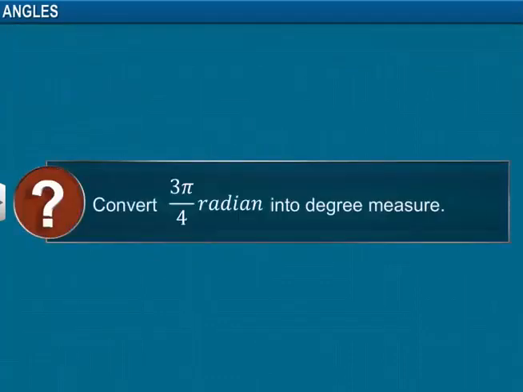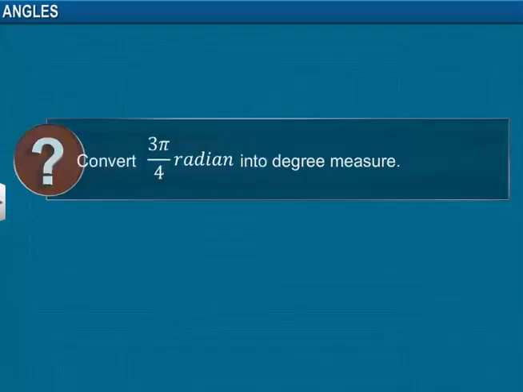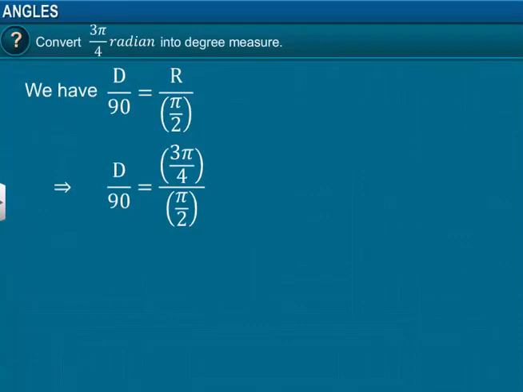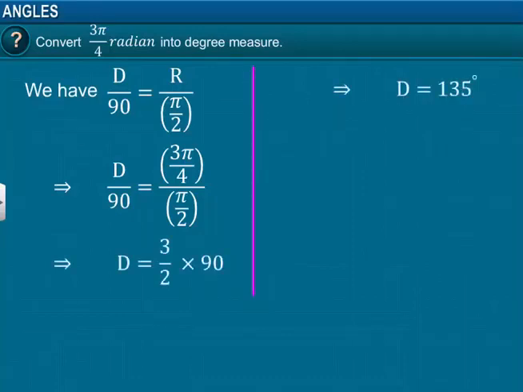Let's now convert 3 pi divided by 4 radian into degrees. In the formula, substituting the value of R and simplifying, we get D is equal to 135 degrees.